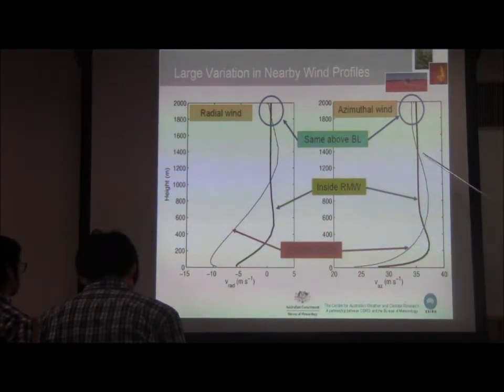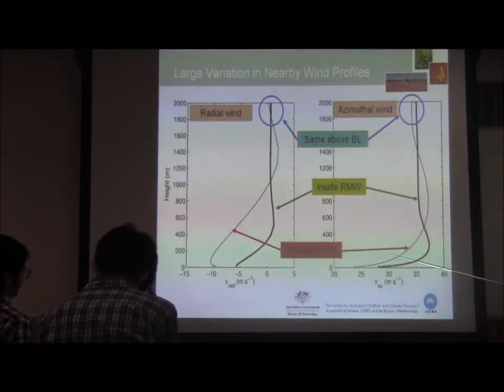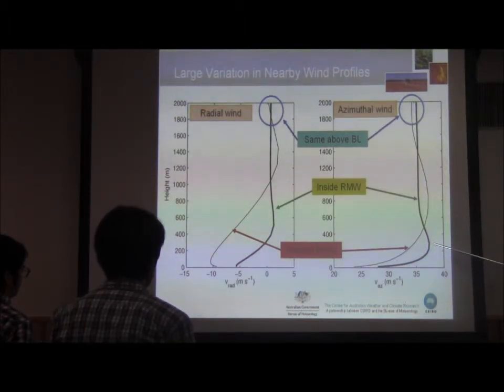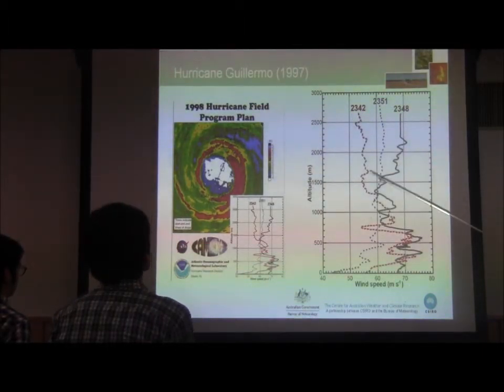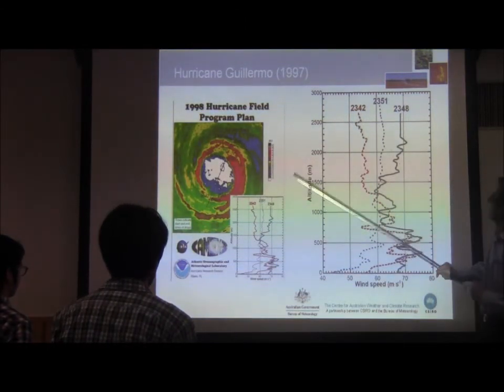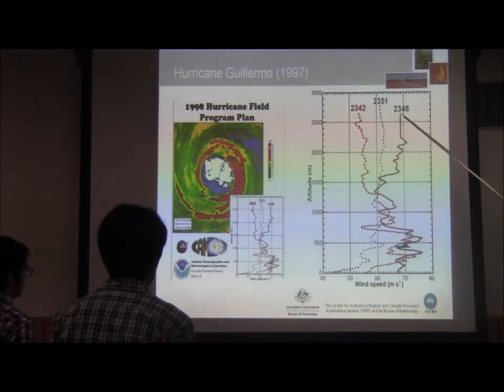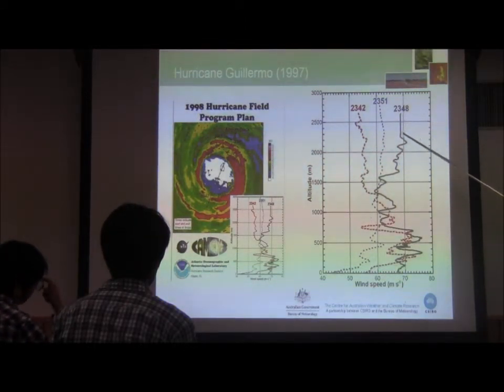We in fact see very different amounts of inflow and very different heights of the maximum, and somewhat different strengths of the maximum at the two positions. That's somewhat reminiscent of the sondes that were dropped on the northern eyewall, which were the black and the blue ones. The one dropped just outside shows quite a marked friction layer. The one that was dropped just inside, the black curve, shows a relatively less friction layer.